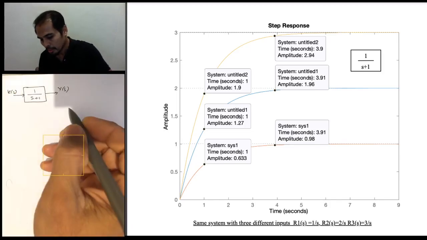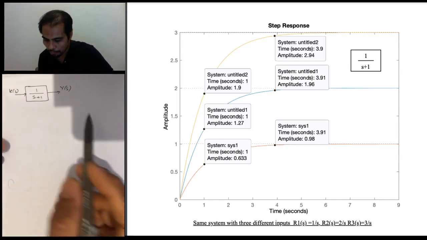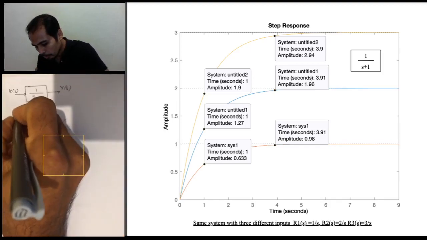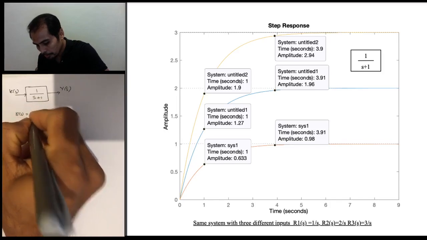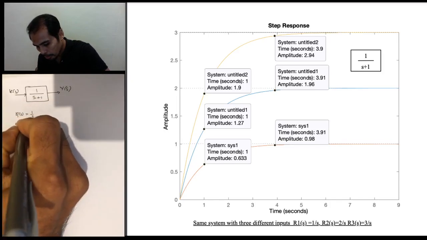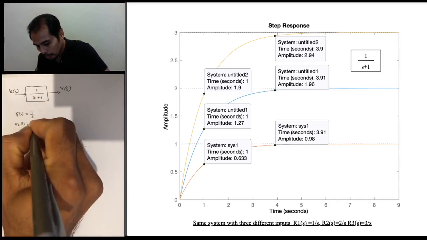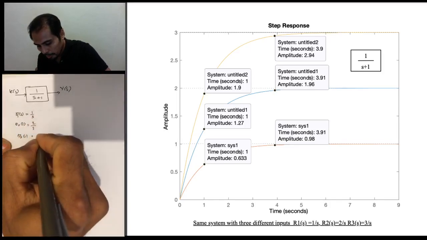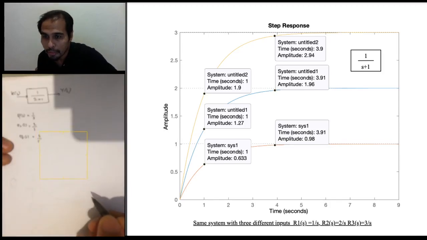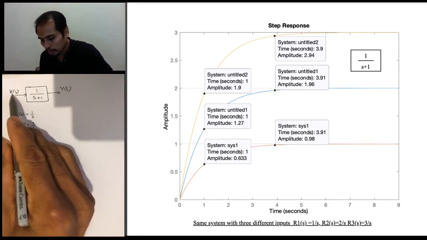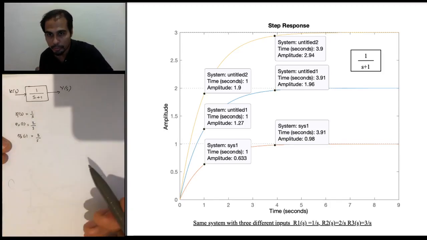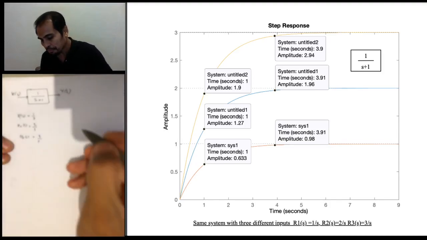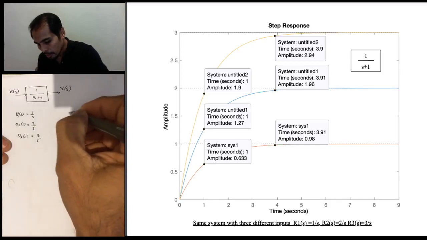Let's see this very quickly. We have three inputs, R1, R2, and R3. We're going to input these to the system, then see which parameters change.